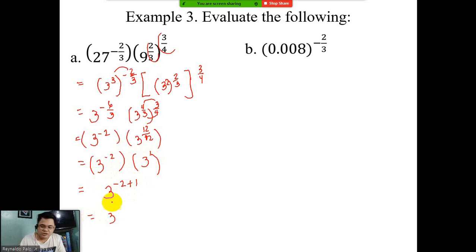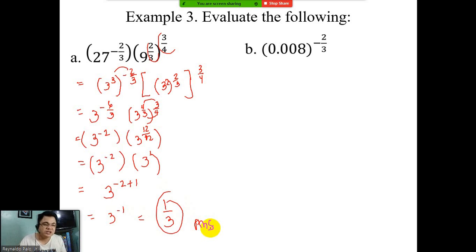So negative 2 plus 1 is negative 1. Then get the reciprocal, it will become 1 over 3. This will be now your final answer. But if you use your calculator or if you use some other solutions in simplifying this and you also got 1/3, there's no problem with that. Just indicate what you did on your solution papers when you actually take your exam.